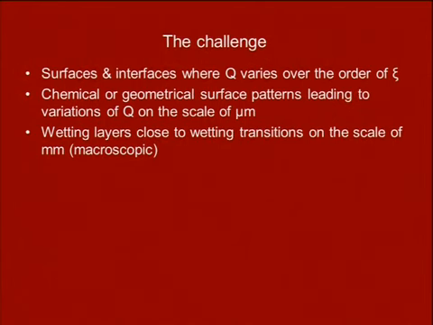But then, if we want to look at some more details, the surface patterns, if they're on the micron, submicron scale, they'll introduce changes on that scale. And if you really want to look at wetting layers, eventually you have to go much bigger. So you have to go to a length scale, which is essentially macroscopic. In a calculation, it never is macroscopic. It has to be bigger than the others. And so you have many scales and many competing states.